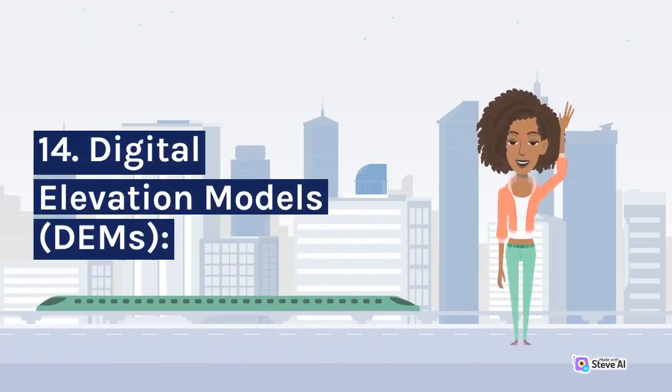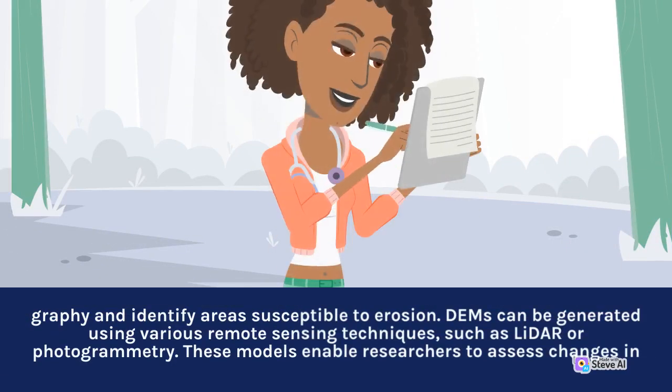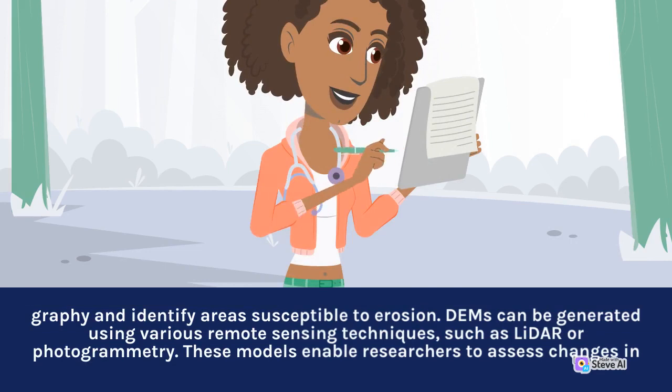14. Digital Elevation Models, DEMs. Digital elevation models, DEMs, are three-dimensional representations of the Earth's surface, including coastal areas. By analyzing DEMs, scientists can derive valuable information about coastal topography and identify areas susceptible to erosion.